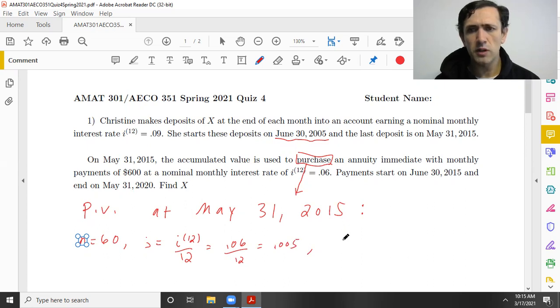So the actual PV is simply going to be, well, I'm not writing it down, but the payments P are 600, so it's 600 times a angle 60 at j = 0.005.